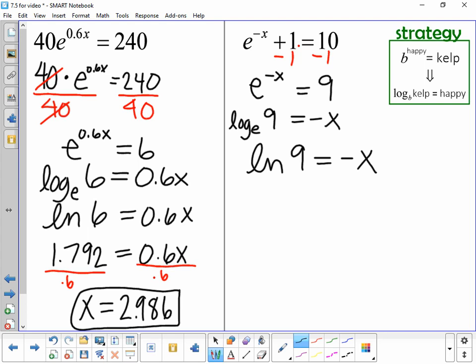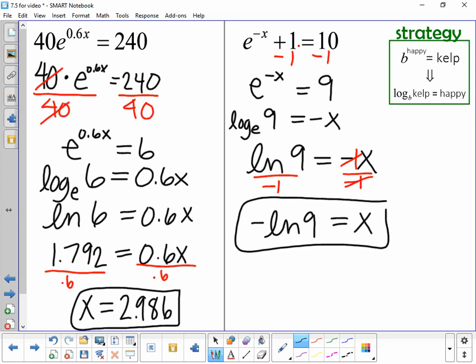There's lots of ways that you could think of this. I'm going to think of it as a coefficient of negative 1, so I'll divide by negative 1. So the natural log of 9 divided by negative 1 is just negative natural log of 9. That's now equal to x.